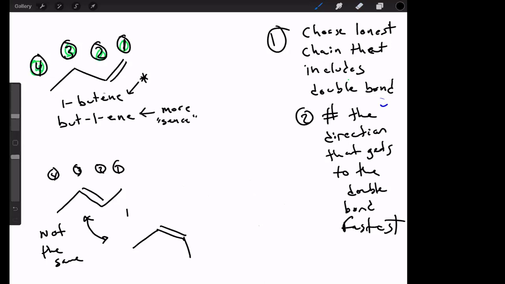Could still just be 1, 2, 3, 4. In either case, I get but-2-ene. And I'm only going to use this example from now on. So remember that you can do this one, but from now on in lecture, I'm only going to use this version. So yeah, we've got but-2-ene, but both of them are but-2-ene.